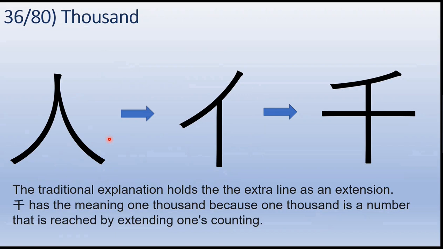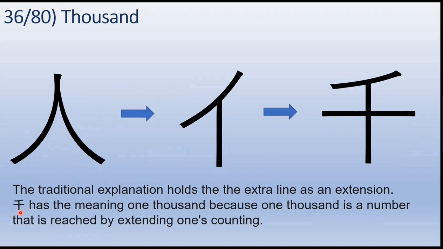So the evolution or the logic behind this symbol is quite interesting. This is the kanji radical for person, and this is a variant of the person radical, with an extra line. The traditional explanation holds that the extra line is an extension to this person radical.